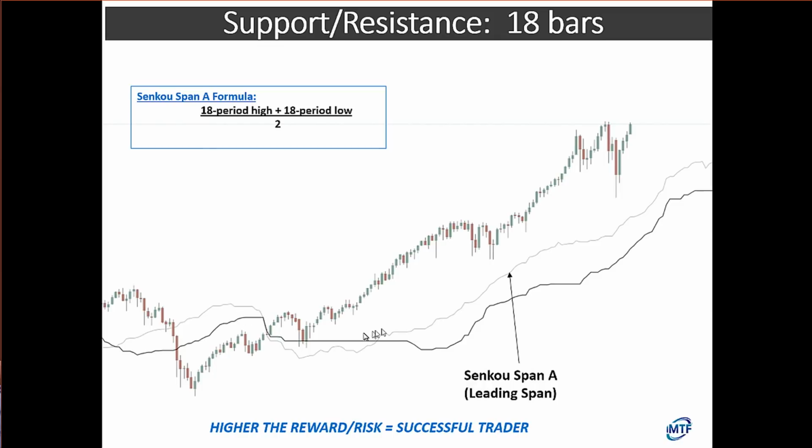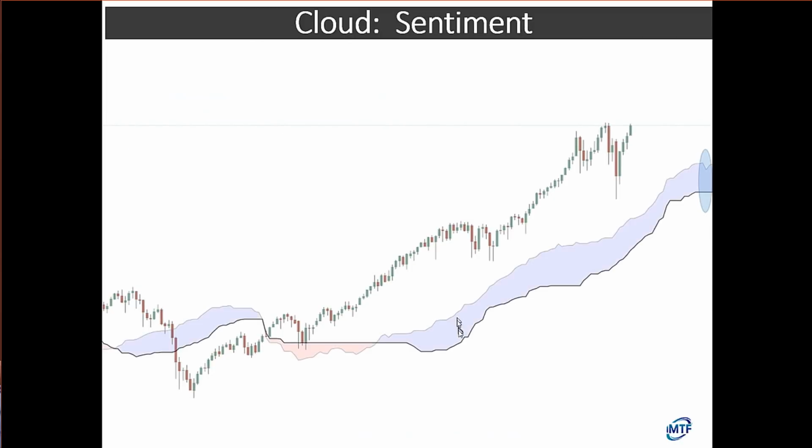And you can see here, what they've done in Ichimoku is color shade between the two. So when the Senkou Span A is above Senkou Span B, they shade it this blue or purple color here, and the color varies from charting and brokerage platforms out there. Some people use blue.